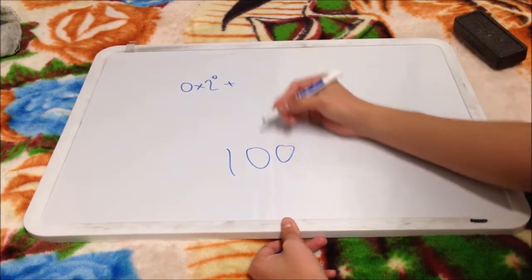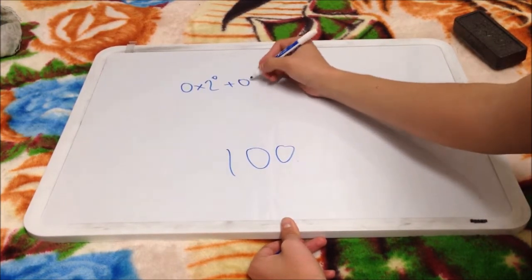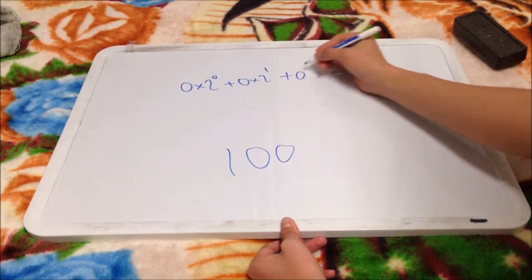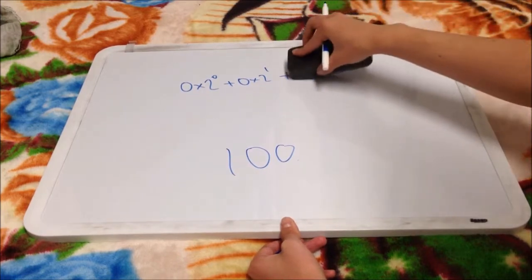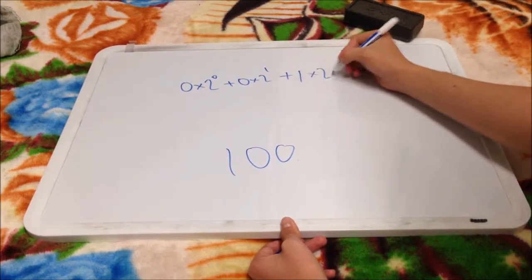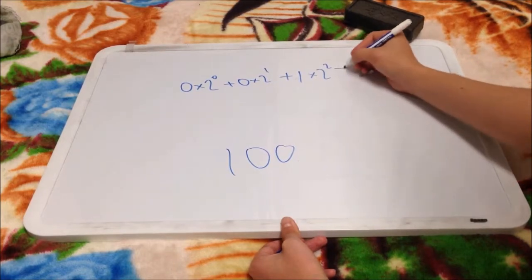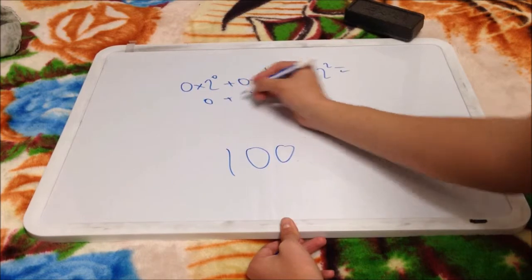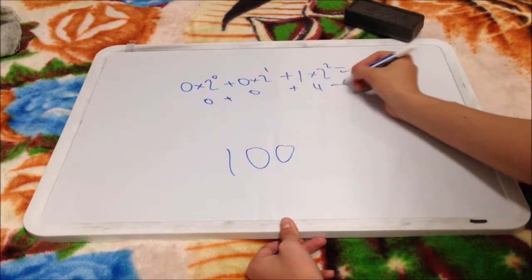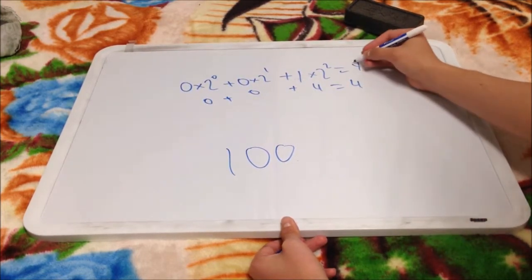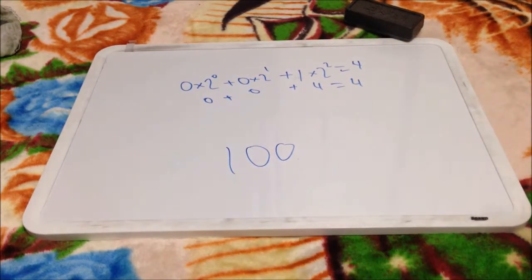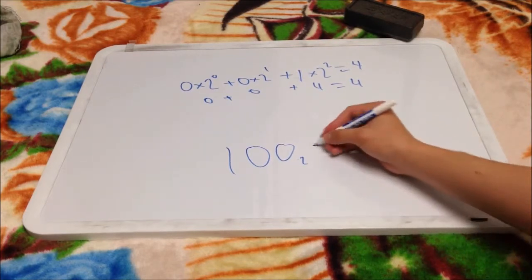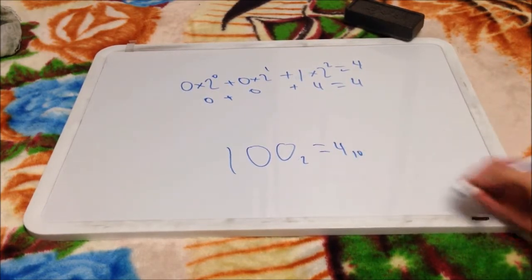Then you add the next place value, which would be 0 times 2 to the first power, plus, not 0, this would be 1 times 2 to the second power. And this would be 0, 0, and this would be 4. If you take the sum of that, that's just going to give you 4. So that proves that 100 in base 2 is equivalent to 4 in base 10.